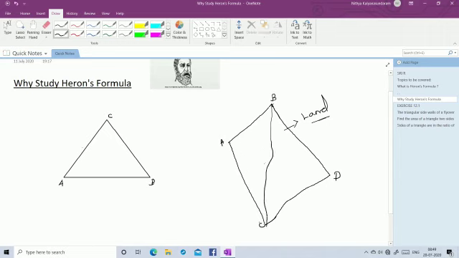First you calculate the area of ABC, then calculate the area of BDC. Then if you add these two triangles, you will get the area of this land. So it is typically used to find the area of land, which can be triangular or quadrilateral. If it is quadrilateral, break it into various triangles and find the area of the land.